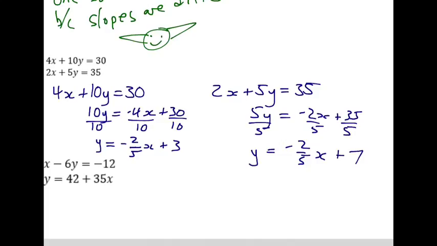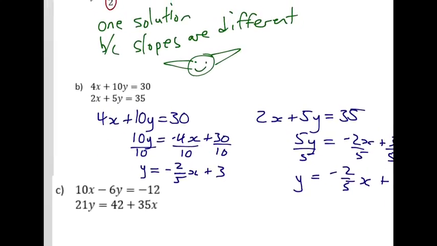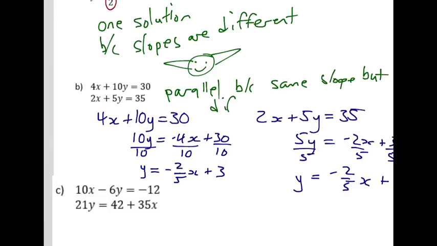So, slopes, same or different? Same. So they could be parallel, they could be coincident. Which are they? They're parallel. How do you know? Because the y-intercepts are different. Okay, so these are parallel because we have the same slope, but different y-intercepts.